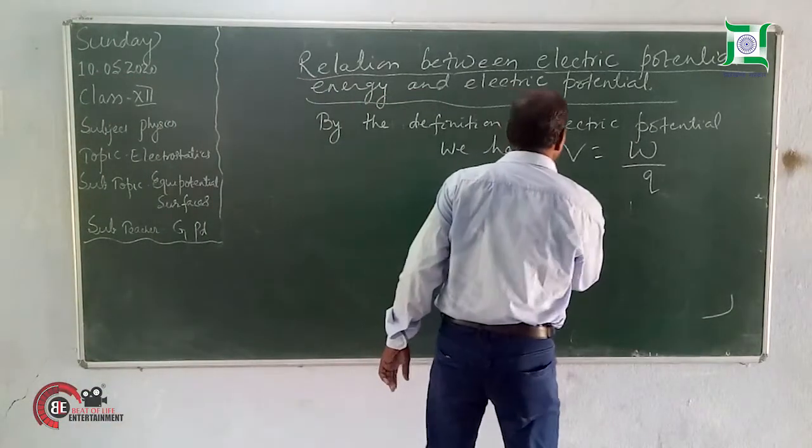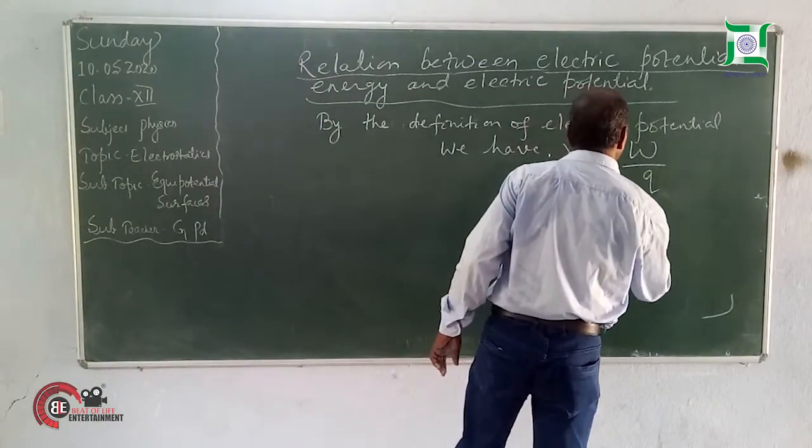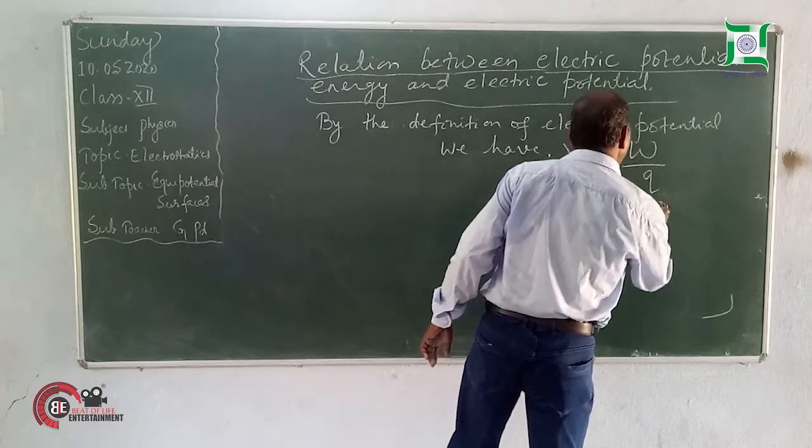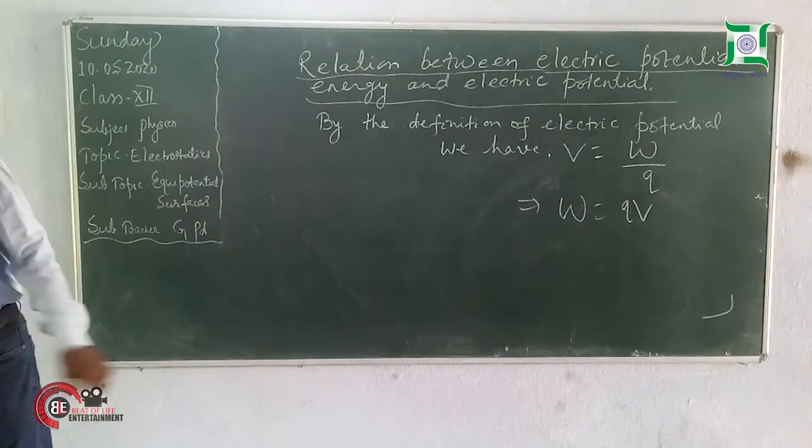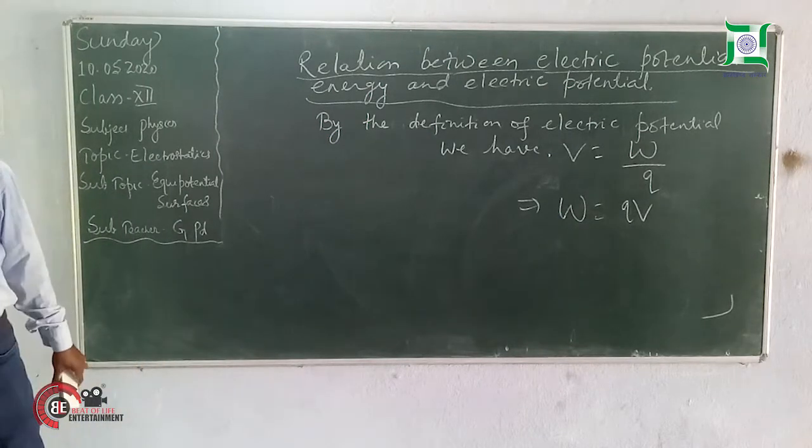By this relation, we have W is equal to QV or VQ, where Q is charge and V is electric potential.